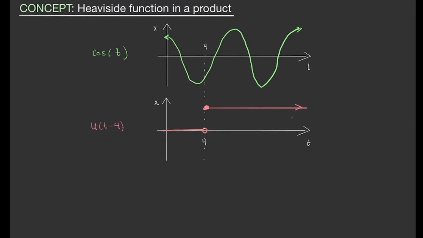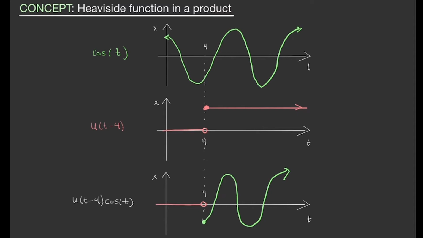After that, you would be multiplying the cosine function times 1, so that amounts to just having the cosine function. So taking the product, what we get is something that is 0 whenever the Heaviside function is 0. After the Heaviside function becomes 1, multiplying cosine by 1 gives you just the regular cosine curve.